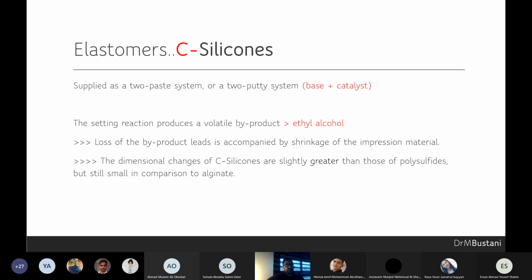They react through a condensation reaction, and we have a byproduct, which is ethyl alcohol. In polysulfide, we had water as a byproduct, and in C-silicone, we have ethyl alcohol as a byproduct, which is accompanied by shrinkage. The dimensional change is a little bit more than polysulfide, but it's better than alginate.